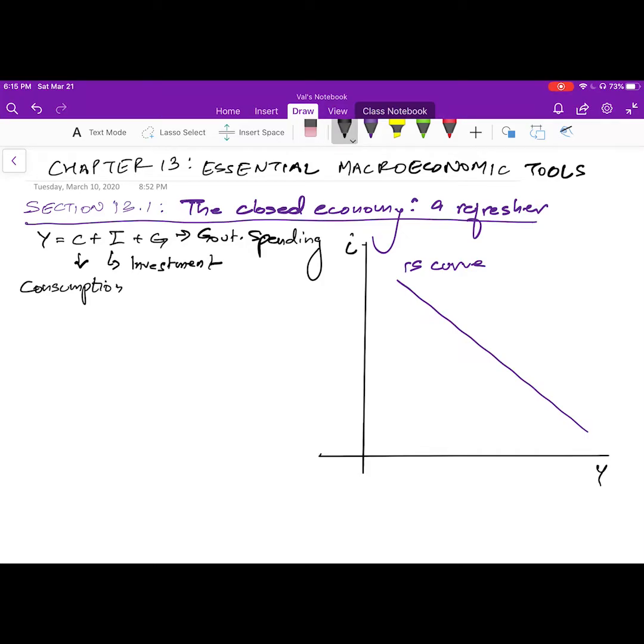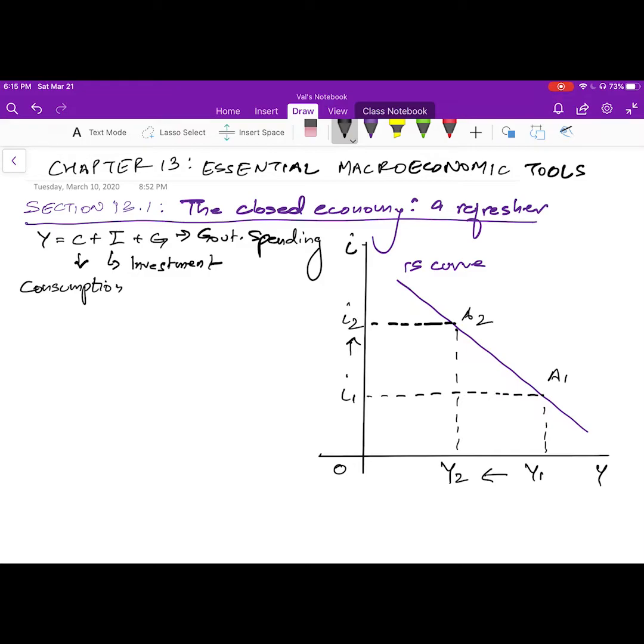When the interest rate is I1, the output is Y1, and we'll call this point A1. If the interest rate rises, the output decreases from Y1 to Y2. Once again, this is super basic. This is something that you must have done in your macro class if you have taken it in prior semesters.